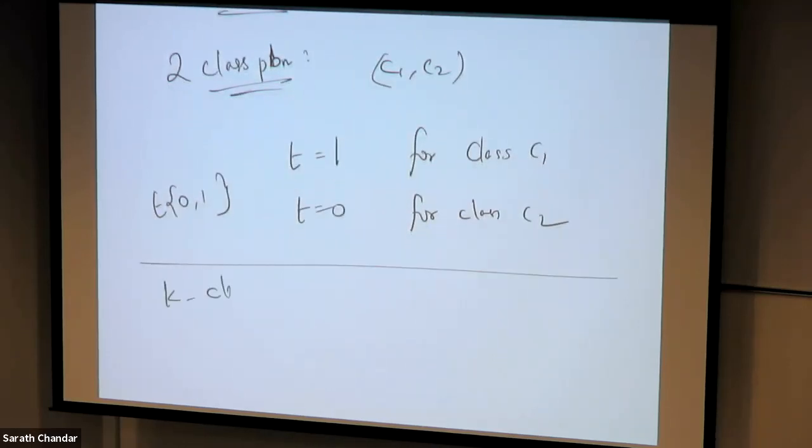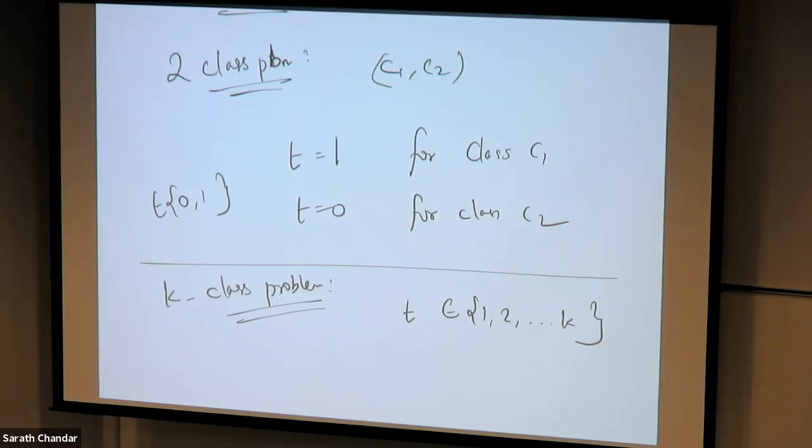So let's say I'm in a k-class problem. How do I set numerical values for t? The first option is to say t belongs to 1, 2 to k.